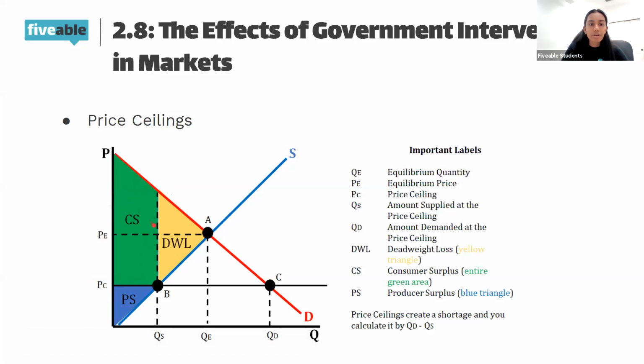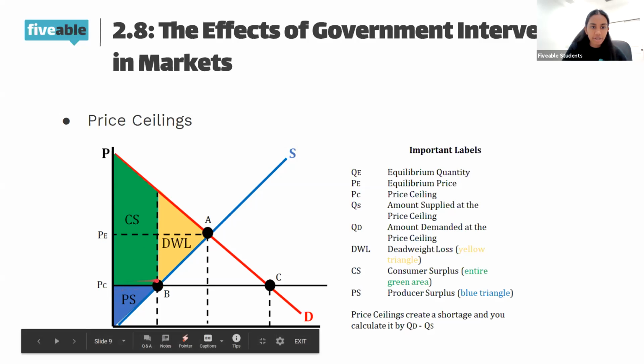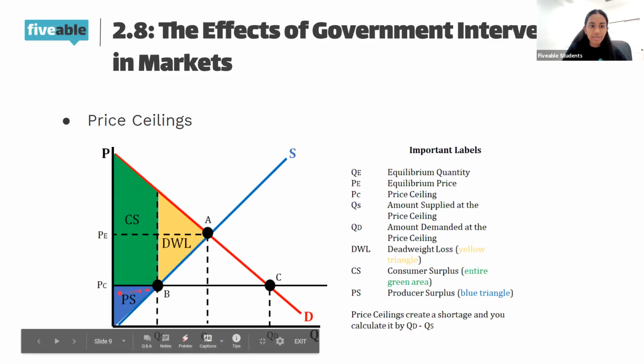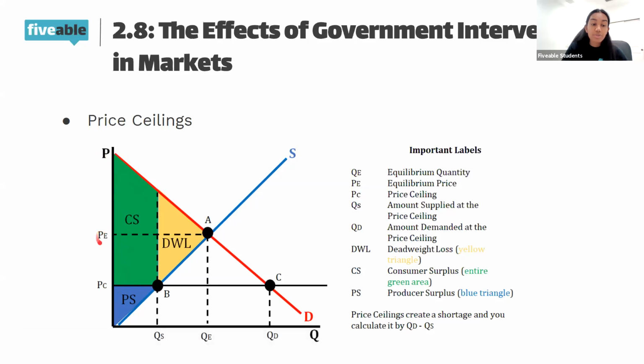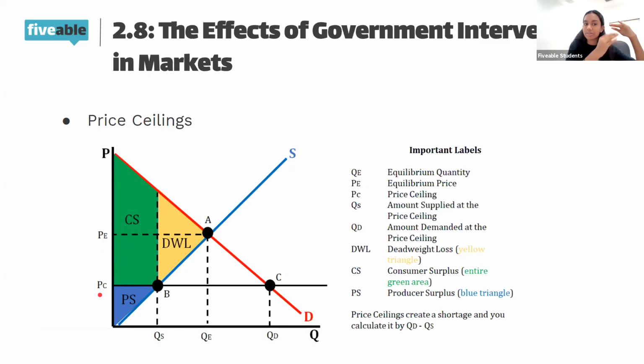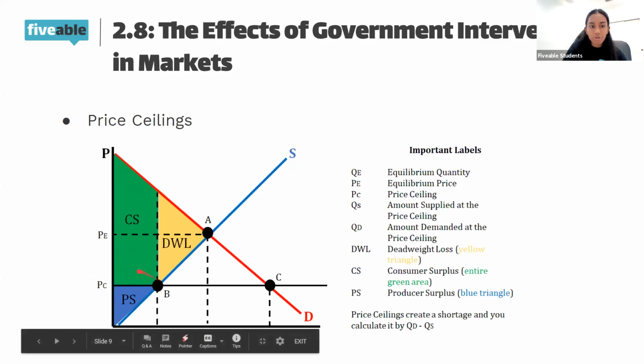So consumer surplus expands down here now, because again, if consumers are willing to pay these higher prices, and they used to get this equilibrium price, but now they're getting this even lower price at the price ceiling, that means their consumer surplus stretches out vertically, and producer surplus is down here.